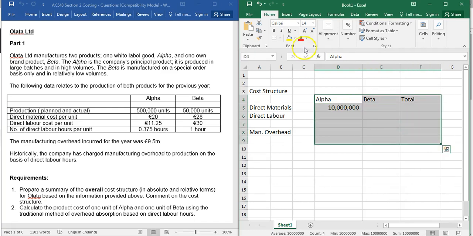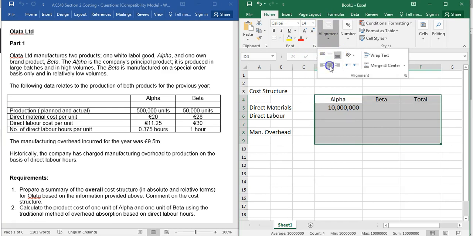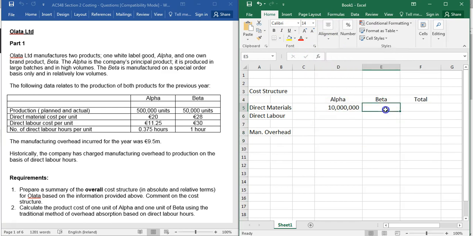So just tidy this up to make sure it's easy to read. Similarly for beta, they have only 50,000 units, and it actually costs more material per unit. It costs 28. So that's 1.4 million. So the total direct materials for Olata will be the two added together, which is 11.4 million. So we're just taking the units times the cost per unit.